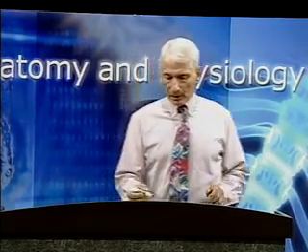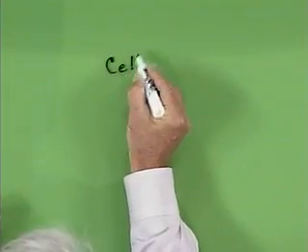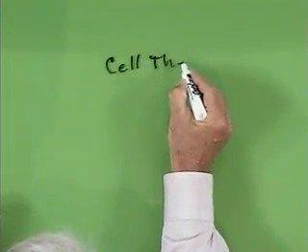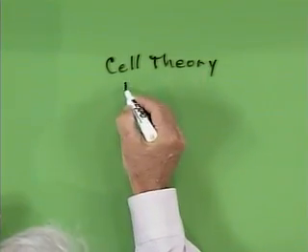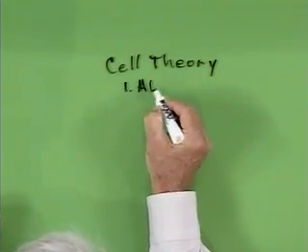Two centuries ago, a couple of Germans by the name of Schleiden and Schwann promoted what has come to be known as the cell theory. The tenets of the cell theory are that all living things are composed of cells and their products.